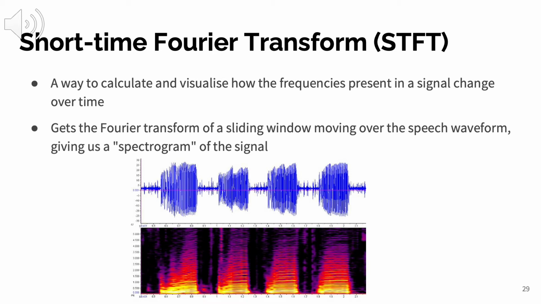Usually you've got a very simple window, usually a rectangular window, that you're moving across the speech waveform, and you get the Fourier transform of everything within that window. Then you've got a bunch of bins, and at the bottom, the vertical axis corresponds to the frequencies being produced at each particular point in time in the waveform above.